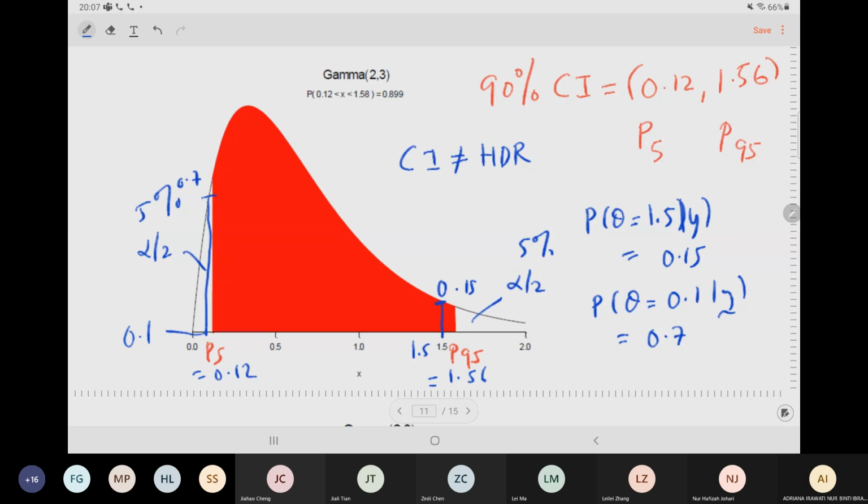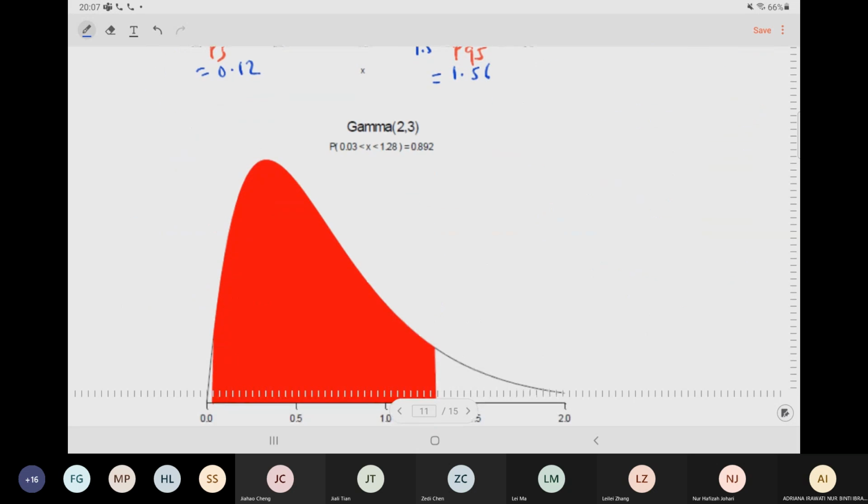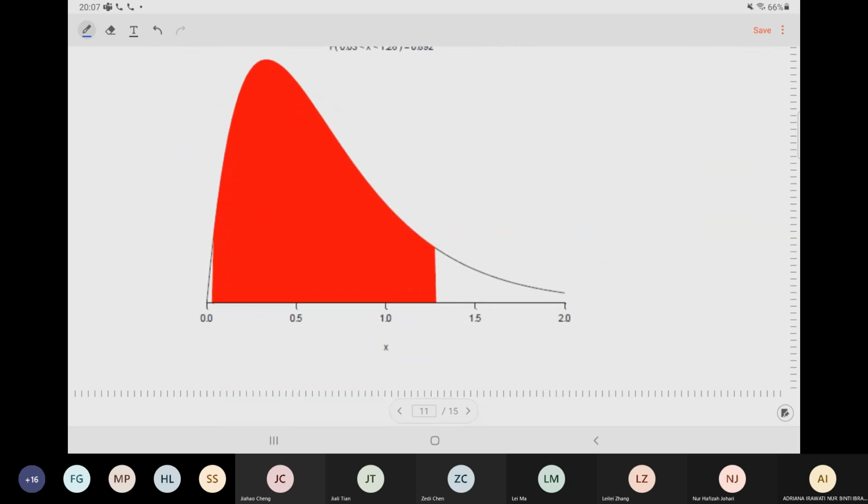Then how do we actually find the highest density region? That is a question where the answer is trial and error. Trial and error meaning you have to adjust. The easiest way is, because when you have the height, this is the density, what you want is that the density on the left and the right are equal in height.